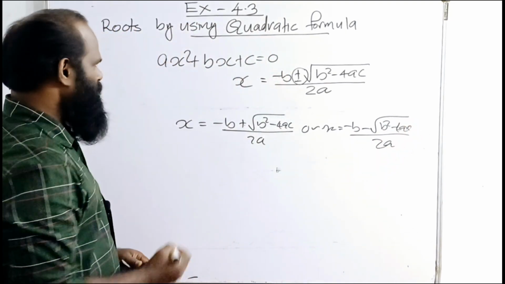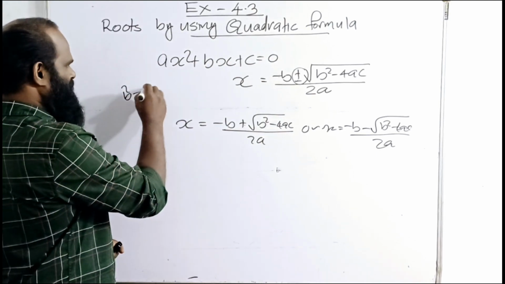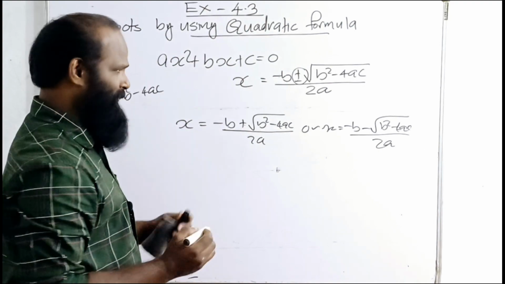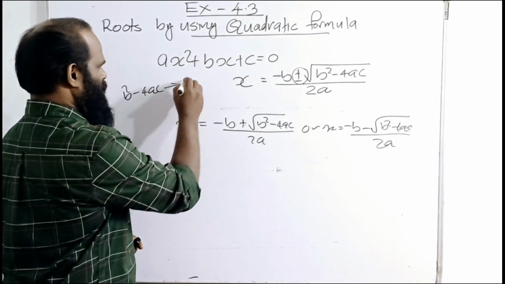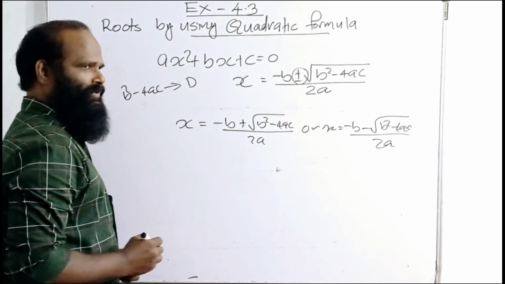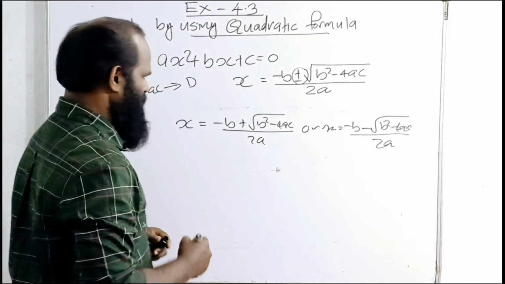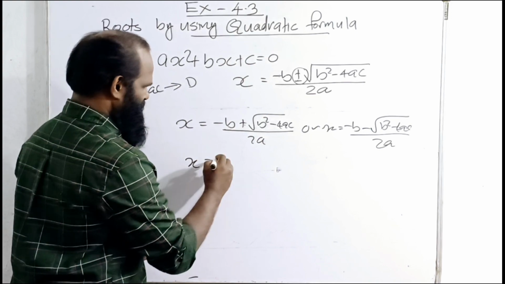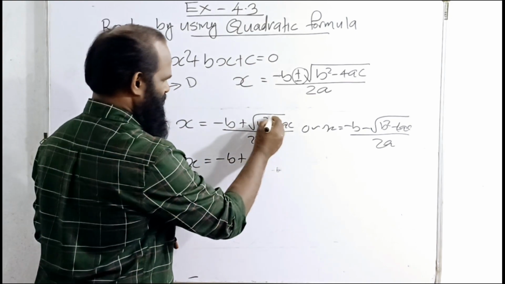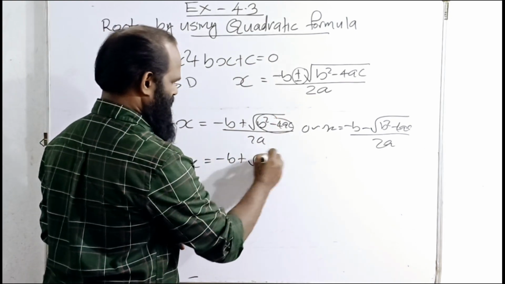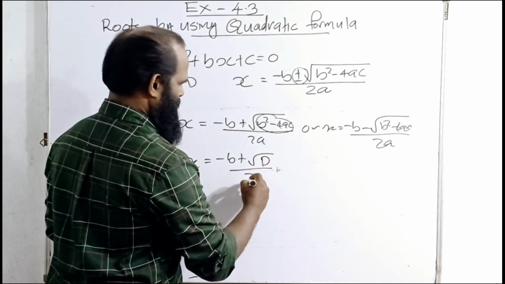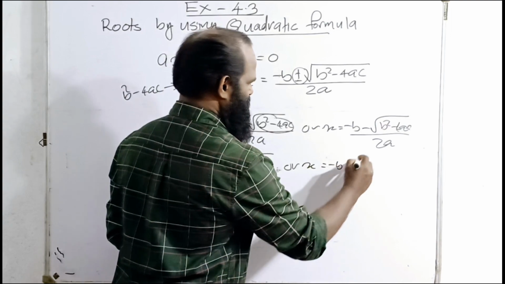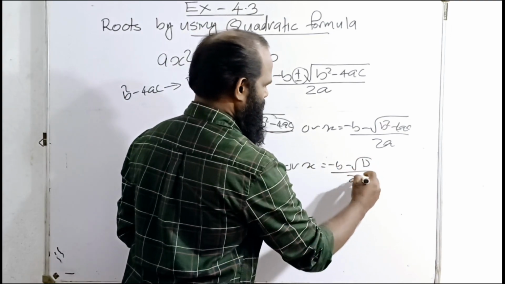And now we know that b square minus 4ac is the discriminant of a quadratic equation. Discriminant is denoted with the letter D. So for ease, you may write the formula this way: x is equal to minus b plus root D by 2a, or x is equal to minus b minus root D by 2a.